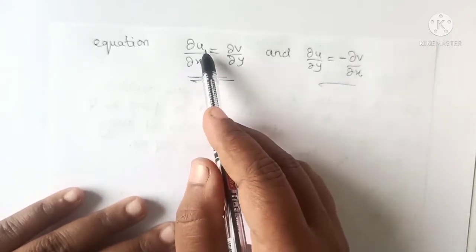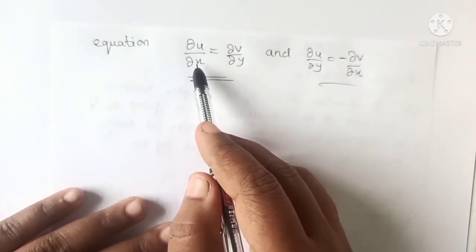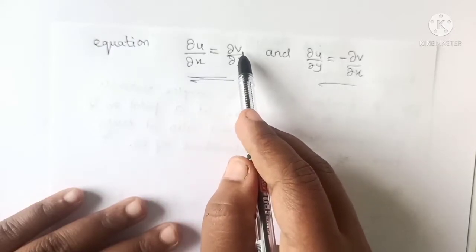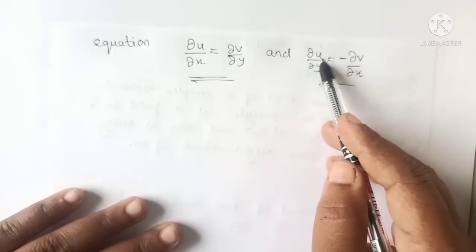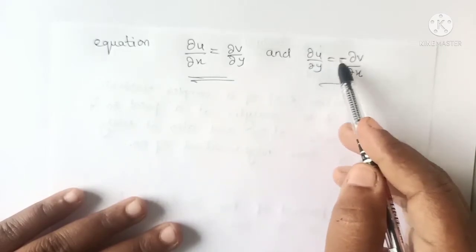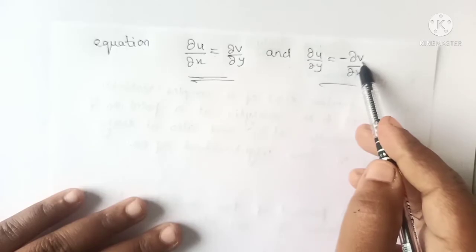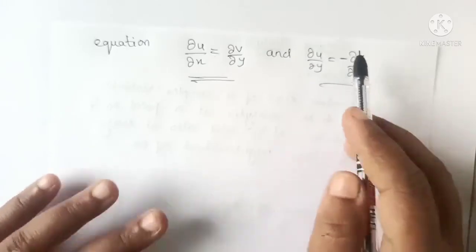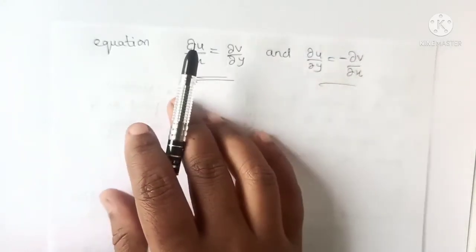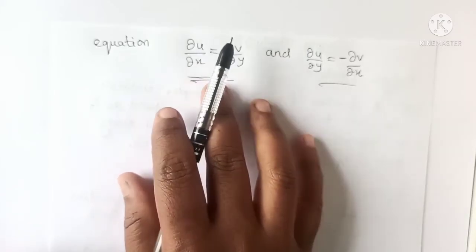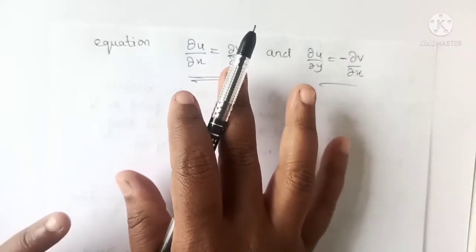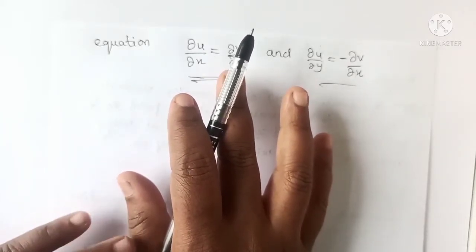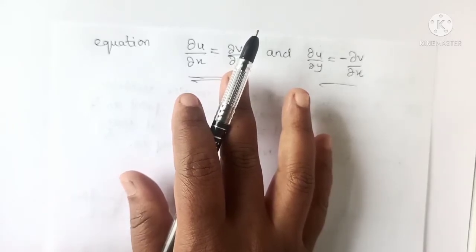That is, the partial derivative of u with respect to x is equal to the partial derivative of v with respect to y, and the partial derivative of u with respect to y is equal to minus the partial derivative of v with respect to x. Okay, so if the given function satisfies this condition, then we can say that the given function is analytic. So this is the necessary condition for f of z to be analytic.